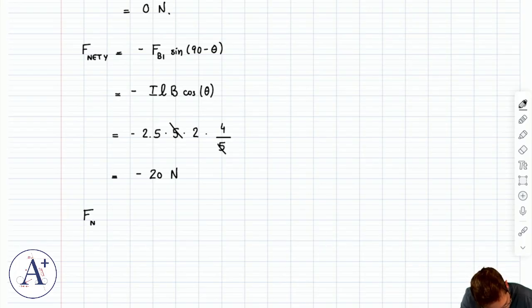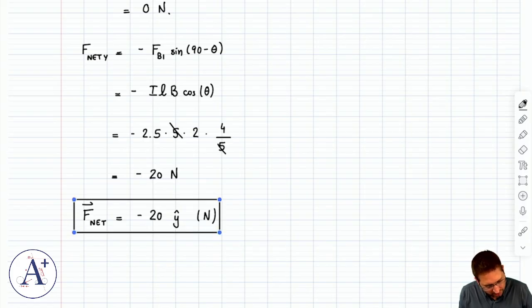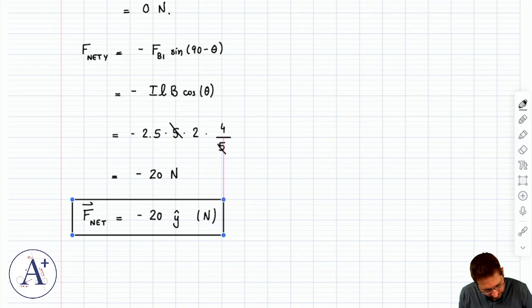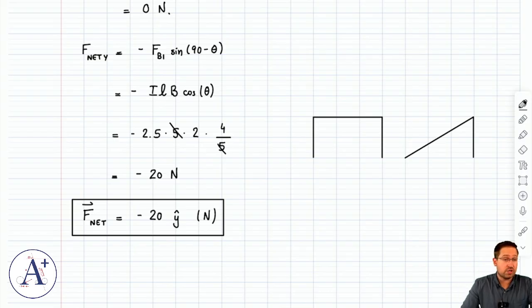And so the net force in this case is going to be the same. It's going to be minus 20 y hat in Newton. So 20 Newton downward is the net force on this wire. And apparently it doesn't matter whether we have this or this, which is interesting.